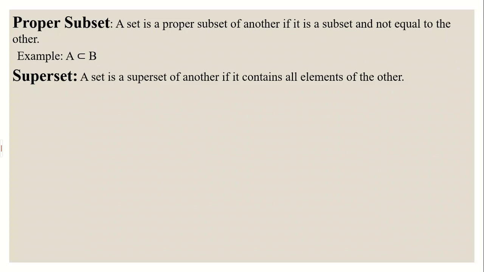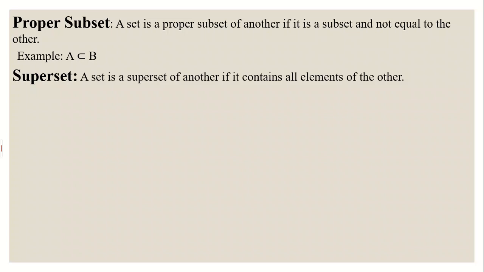Followed by this, we have superset. Superset is the opposite of subset. A set is a superset of another if it contains all elements of the other. Like in my example, A contains elements 1 to 10 and B contains just 2 and 3.